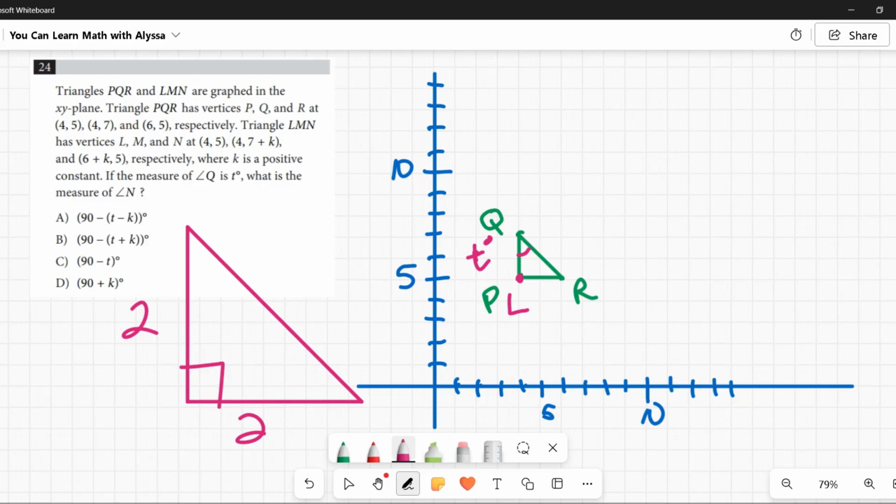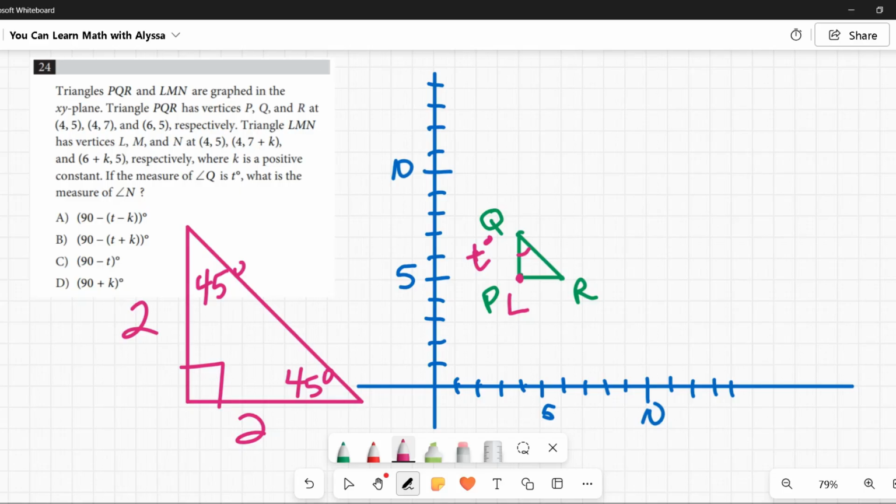Now I'm hoping when you see this right angle and see that both sides are 2, you immediately think of a 45, 45, 90 right triangle. It is an isosceles right triangle. All isosceles right triangles have base angles, those smaller angles, of 45 degrees. Always, no exceptions.